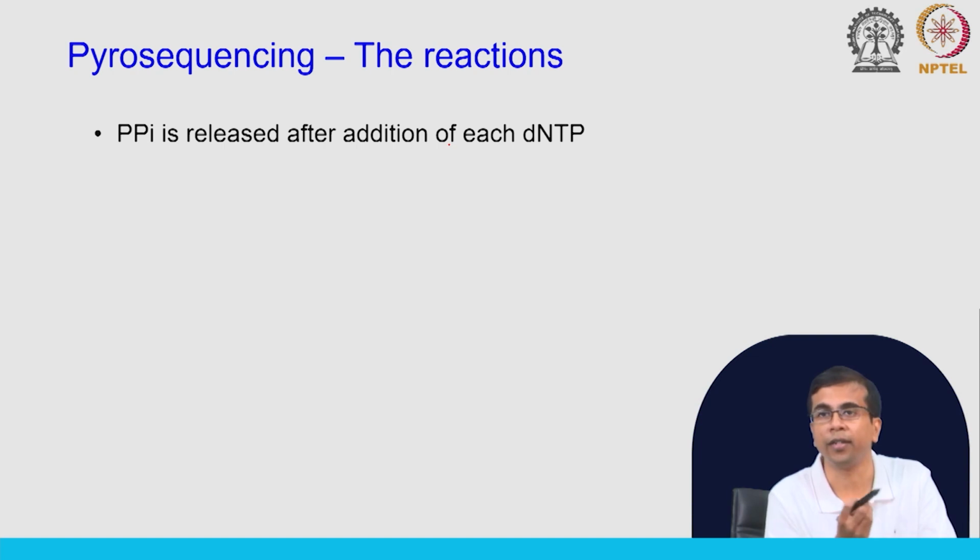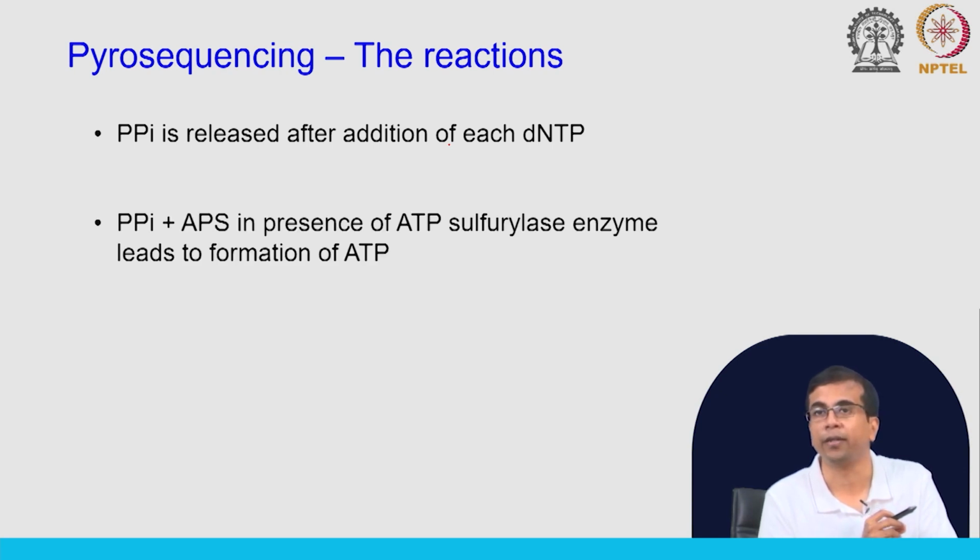So, any dNTP, dATP, dTTP, dCTP or dGTP, will release a pyrophosphate if there is an incorporation of that base in the growing strand. This pyrophosphate, in the presence of APS and the enzyme ATP sulfurylase, leads to formation of ATP.